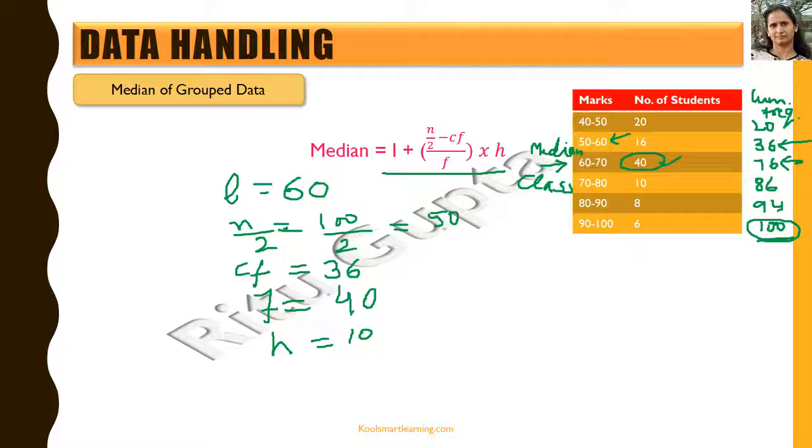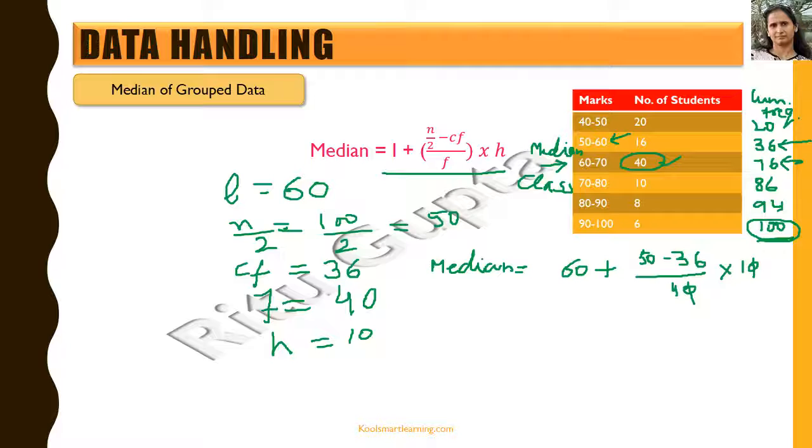Now if we put these values in, we get median equal to L, which is 60, plus n by 2, which is 50, minus the cumulative frequency of the class just preceding the median class, which is 36, divided by F, 40, multiplied by 10, which is the class size.